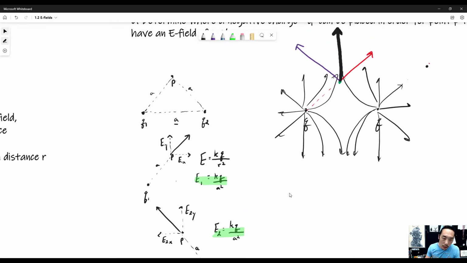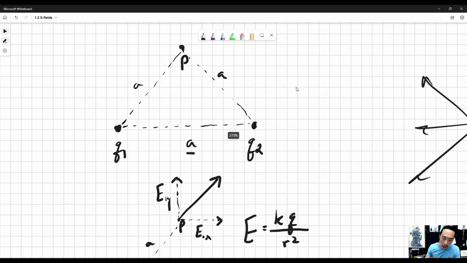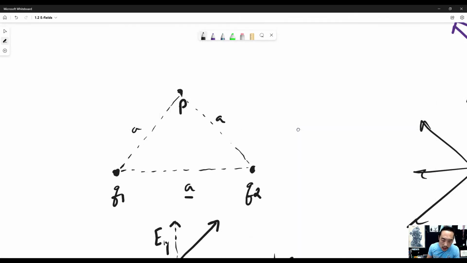So it helps us if we take a look at the original drawing here. We know if this is an equilateral triangle, this is 60 degrees. This too is 60 degrees. And this up here, of course, is 60 degrees. So if I were to take a look at what Q1 is doing, Q1 is pointing in this direction.